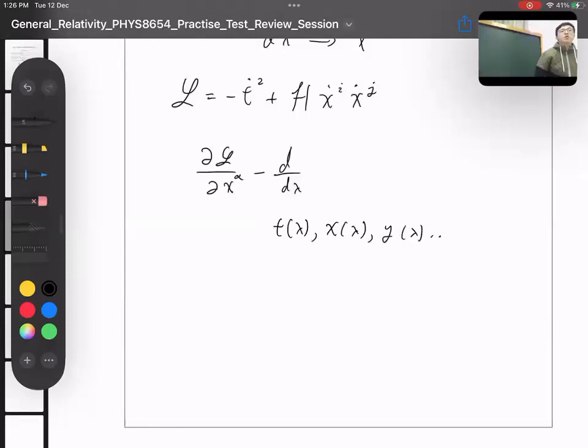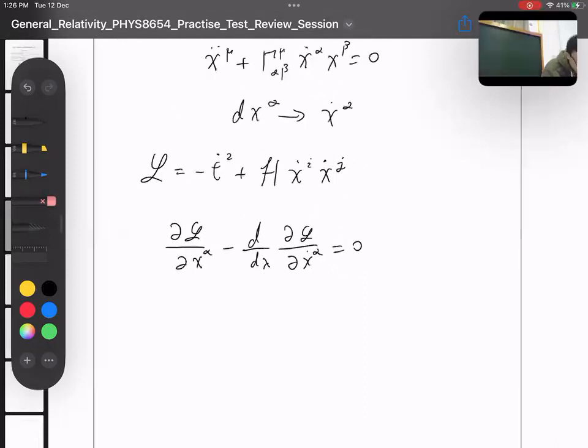So this is how you define it. It's like when you do polar coordinates or something like that, you define it by one parameter, lambda. So partial L partial x dot alpha equals 0. Everybody's probably thinking, why do I bother doing this?